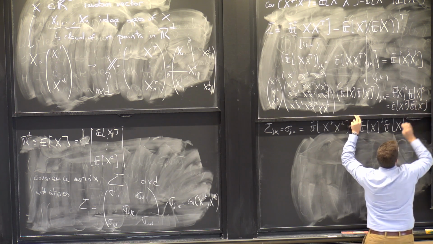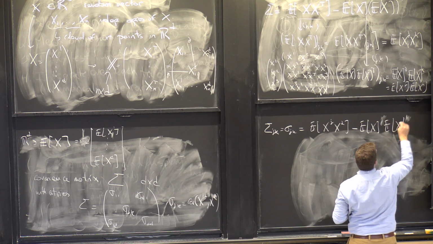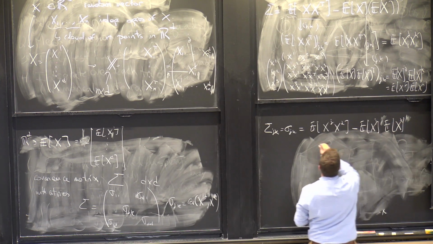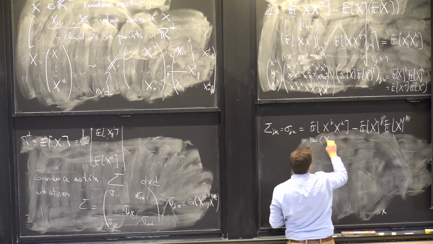Oh, by the way, I forgot to say, the jth entry of E of x is the expectation of xj, because that's just the definition of the expectation of a random vector. So my j and my k are now inside. And that's, by definition, the covariance between xj and xk.